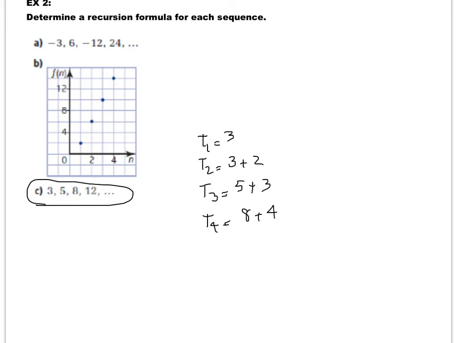Now, if you look at these first numbers, it is going to be the previous term. And these second numbers are the term number. So I can write that the recursive definition is that t1 has to be 3, and tn is tn minus 1 plus n.